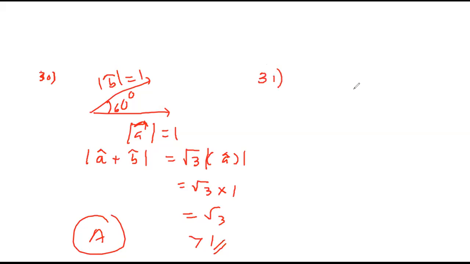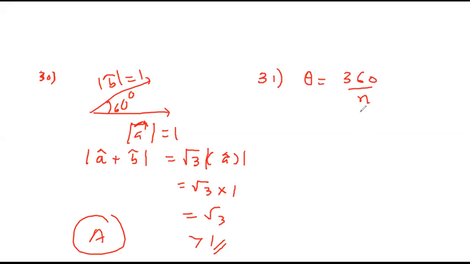Sum number 31. Twelve different coplanar forces maintain a body in equilibrium, then the angle between the adjacent forces will be how much? Equilibrium means net force 0, and net force 0 means it forms a regular polygon. For a regular polygon, angle theta is 360 by n.